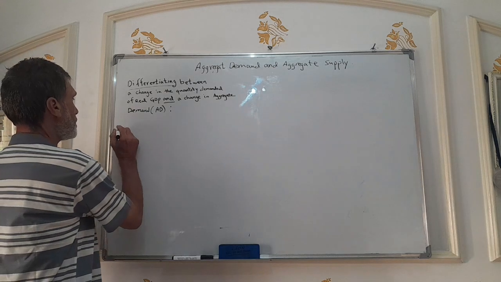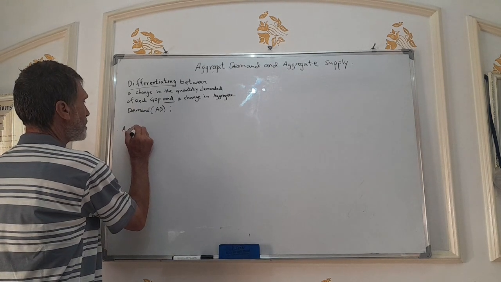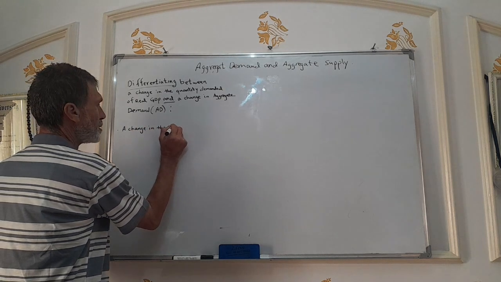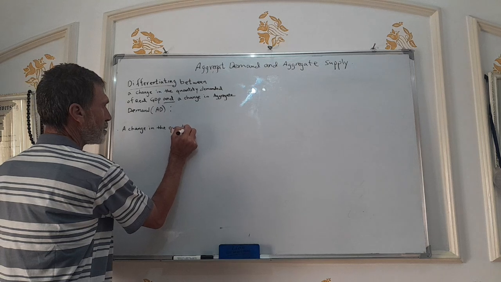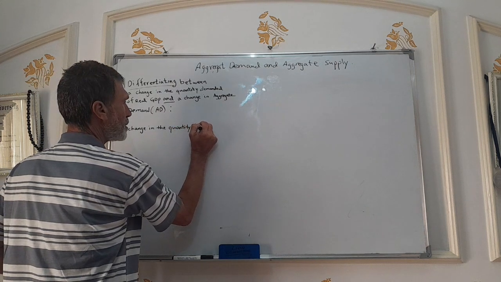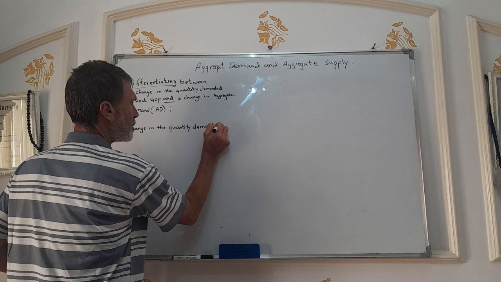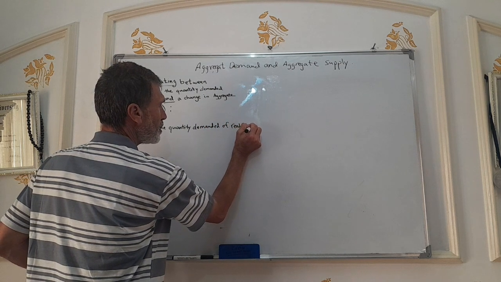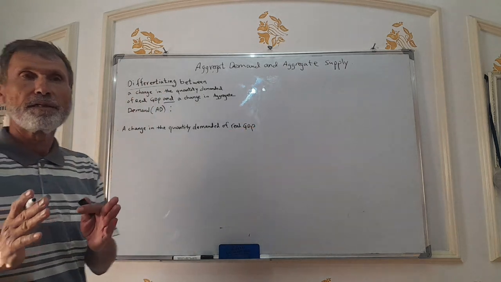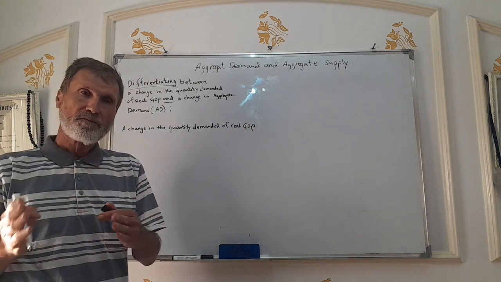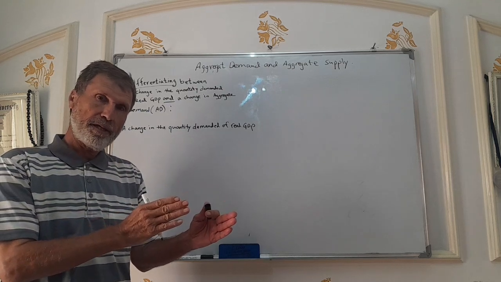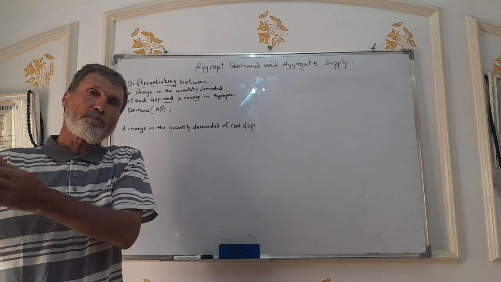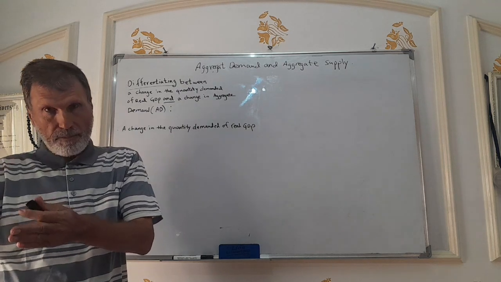A change in the quantity demanded of real GDP is represented graphically as a movement from one point, let's say A, along the aggregate demand, AD, to another point, B, on the same aggregate demand.